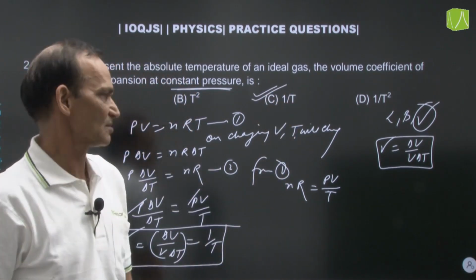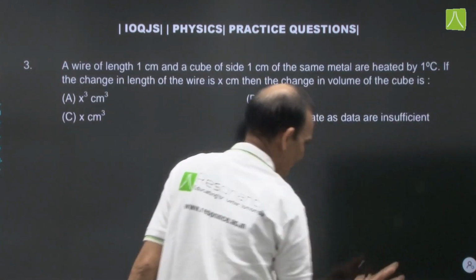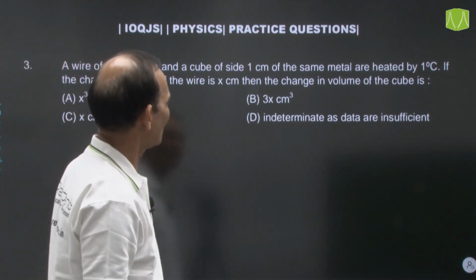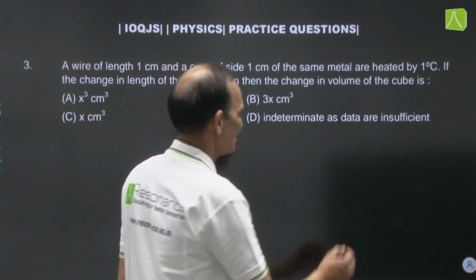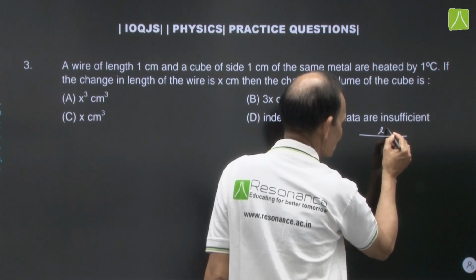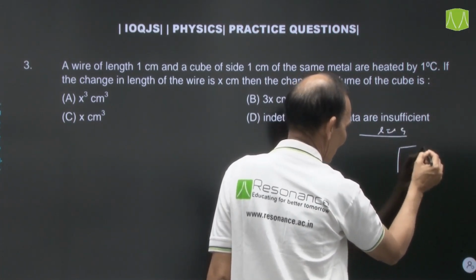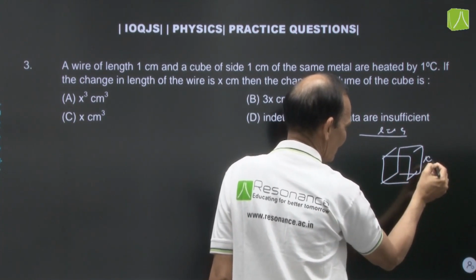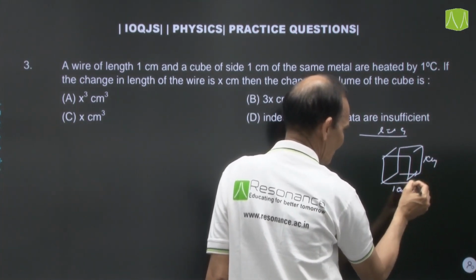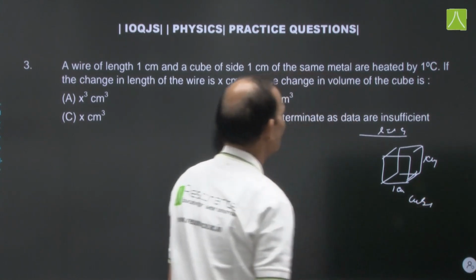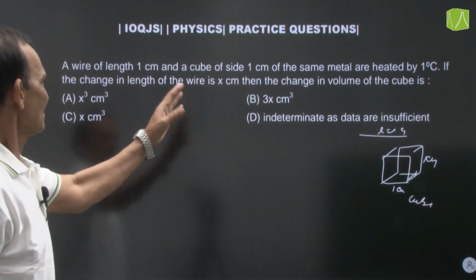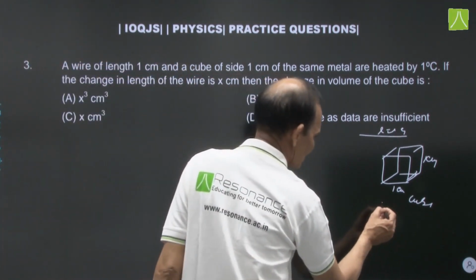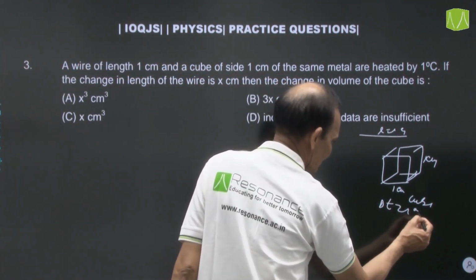Now the third question. A wire of length L equal to 1 centimeter and a cube of side 1 centimeter, 1 centimeter cube, of the same material are heated by 1 degree Celsius, meaning change in temperature delta T is also 1 degree Celsius.